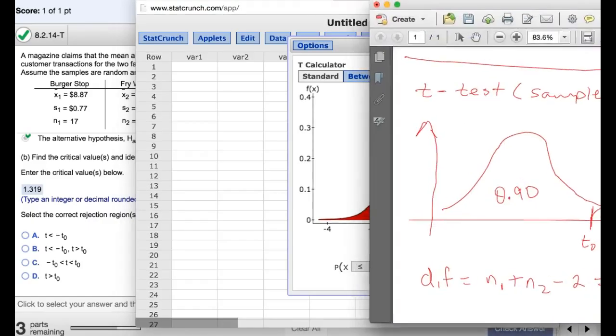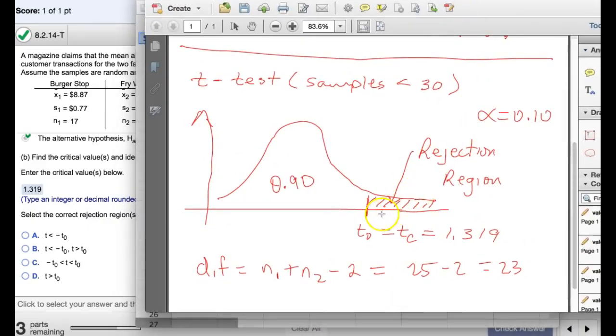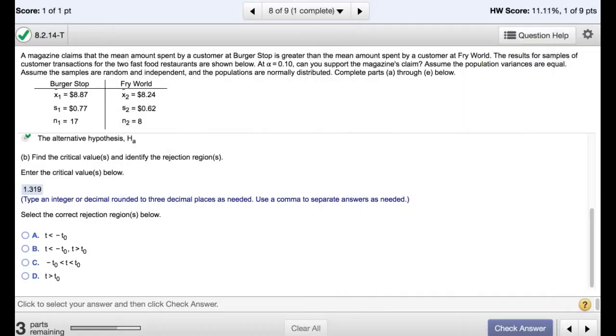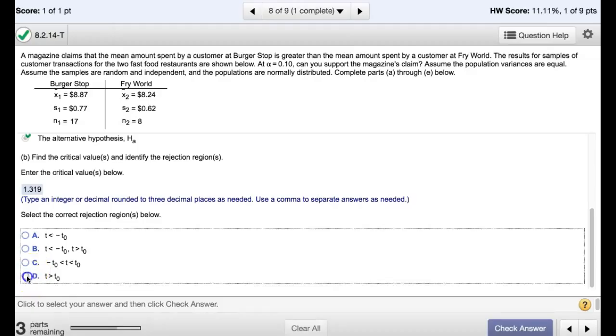And that's the same as my other sketch here. Everything over to the right here is going to be in the rejection region. So here we know that for values that are going to be greater than 1.319, or t values that are greater than t sub 0, if we use that terminology there, then that would be what our rejection region would be. So here we should choose this one.